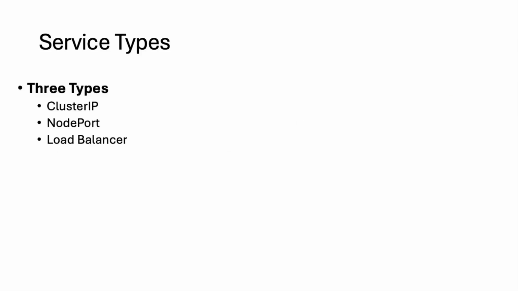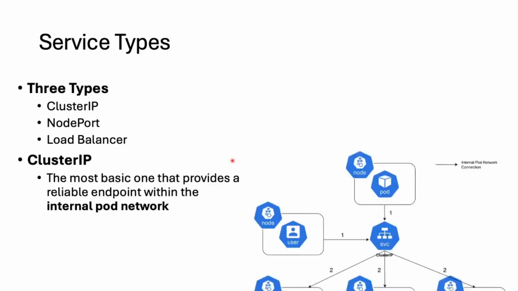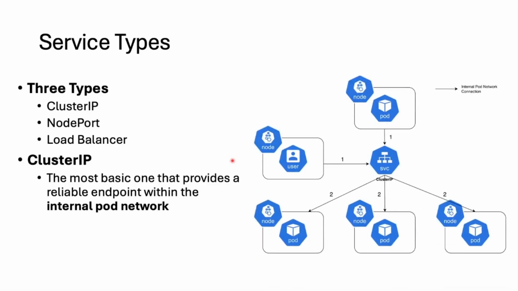Let's talk about the various service types now. Very important concept. There are three types of services. One is ClusterIP, the other is NodePort, and the third one is LoadBalancer. First, let's talk about the ClusterIP service. This is the most basic form of service. It provides a reliable endpoint within the internal pod network.